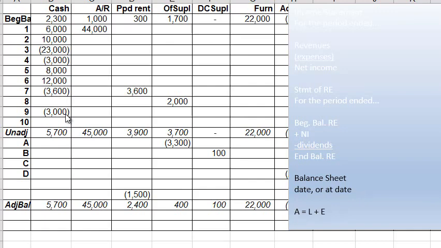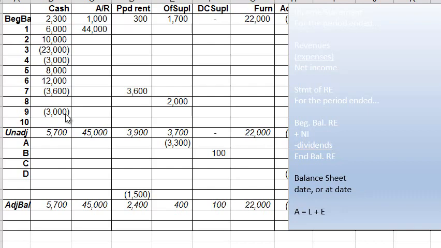$6,000 was cash received from customers for daycare services, so put an O next to the number 1 or next to the 6,000. The $10,000 was an inflow of cash from borrowing from the bank. That would be a financing or F transaction.